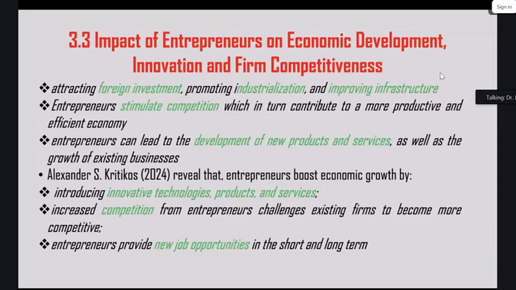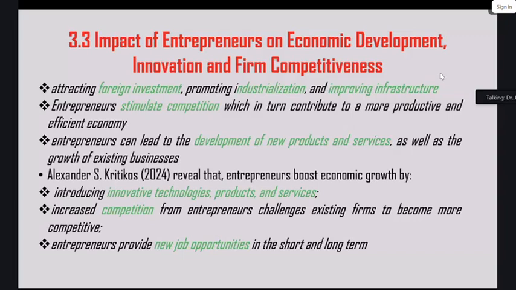Everyone comes with an idea on how to improve, in such a way as to surpass or bypass his or her competitors in general. The fourth one, entrepreneurs can lead to the development of new products and services, as well as growth of existing businesses. And we know that all products that we have are the result of entrepreneurial activities. So these people play big roles in the development of new products and services and the likes.